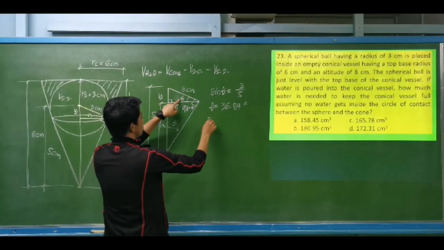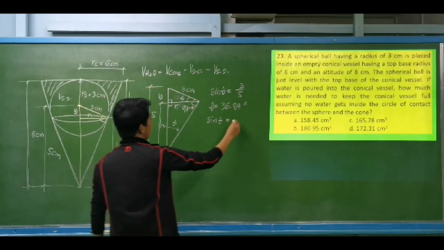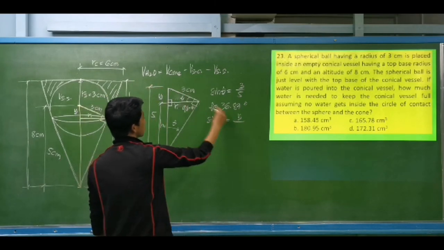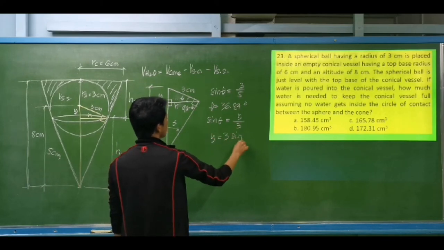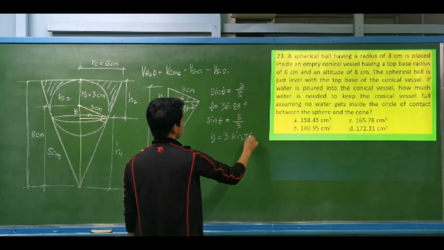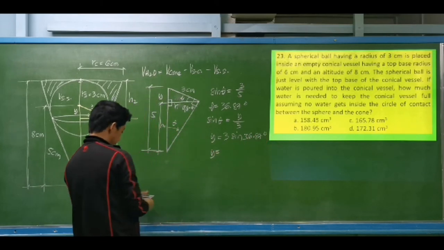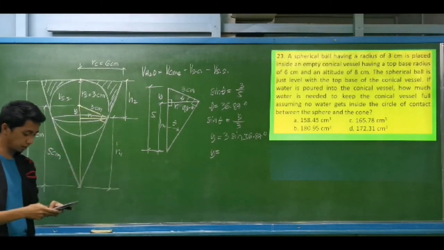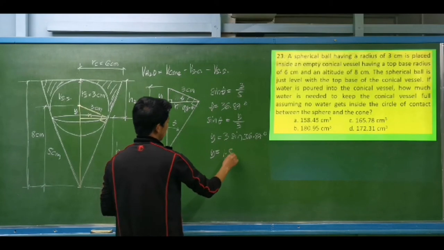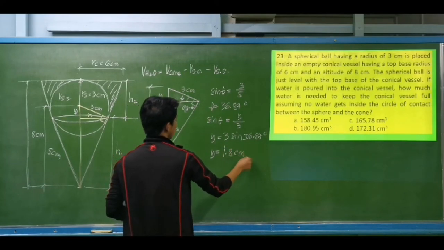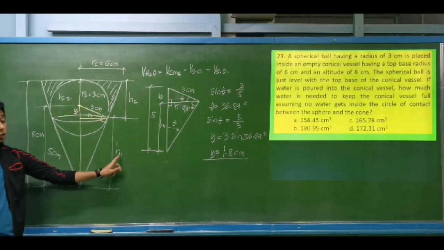That is the same as the sine of theta is equal to opposite y divided by hypotenuse is 3. So, yung value ng y is 3 sine of theta, 36.87 degrees. So, meron na tayong value ng y. 3 sine of 36.87 is 1.8. This is 1.8 centimeters.